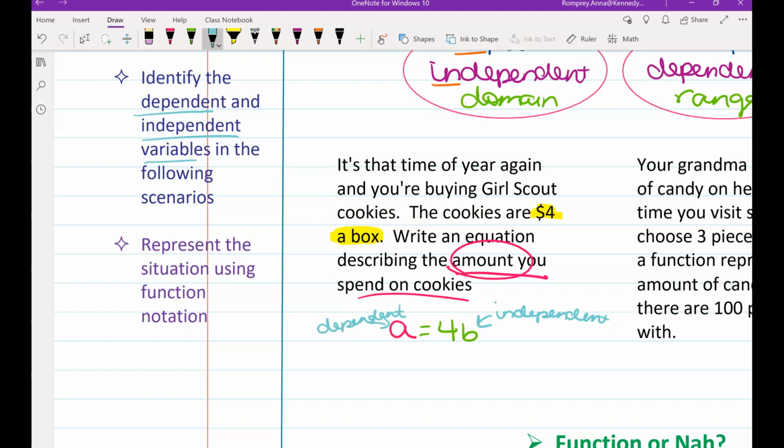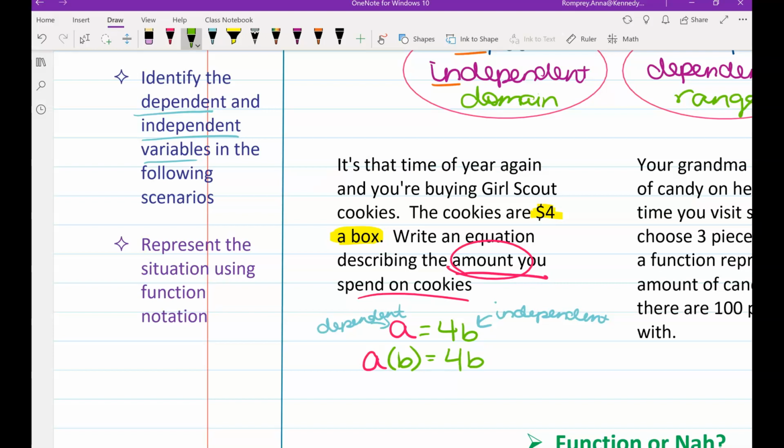When you're writing this in function notation, it's A of, because amount is our dependent, and the dependent depends on what? The boxes. So it's A of B. So the amount that we spend depending on the number of boxes equals 4 times the number of boxes.